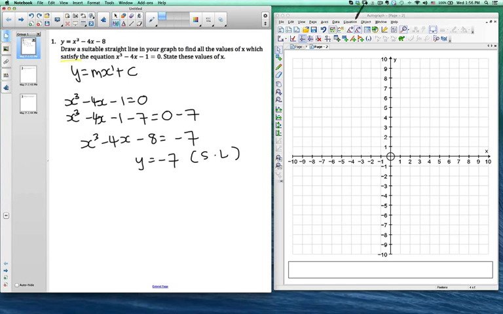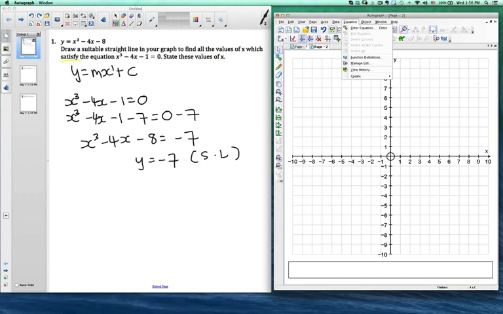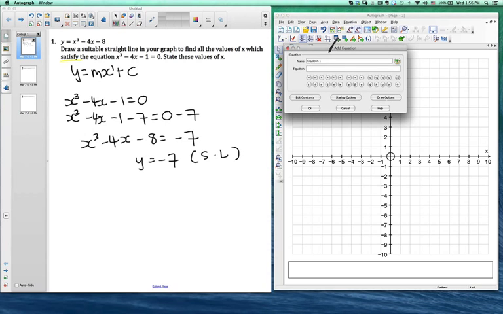Let me use this software to roughly explain to you. What is this equation? This equation will be y equals x cubed minus 4x minus 8.